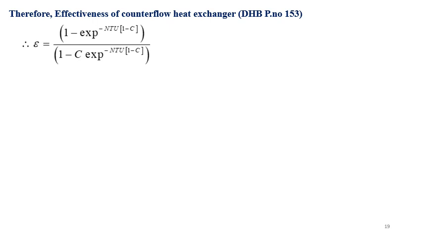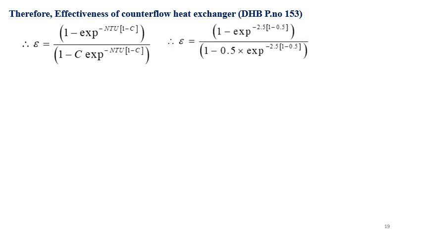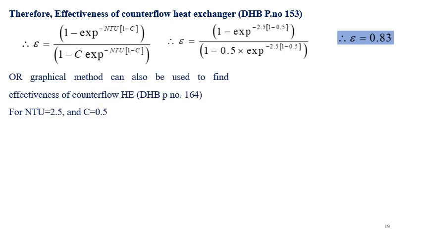All the values are known, NTU is known, C is known. So you can calculate the effectiveness by substituting all the values, and effectiveness is 0.83. This value of effectiveness can also be found by using a graphical method.